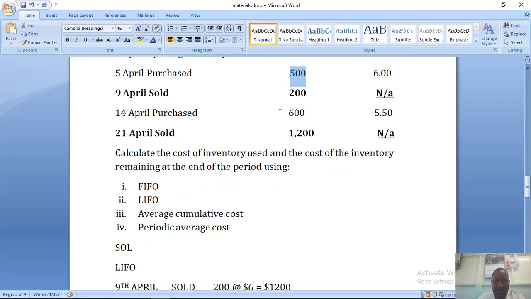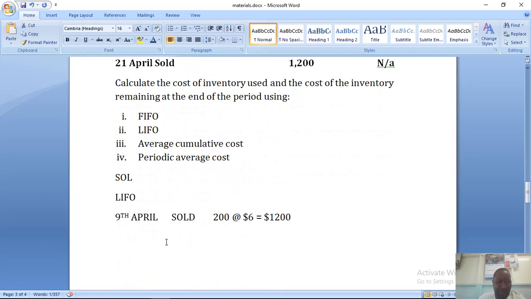So, issue on the 21st of April. We are issuing or selling a total of 1,200 units, but these will be issued as follows.